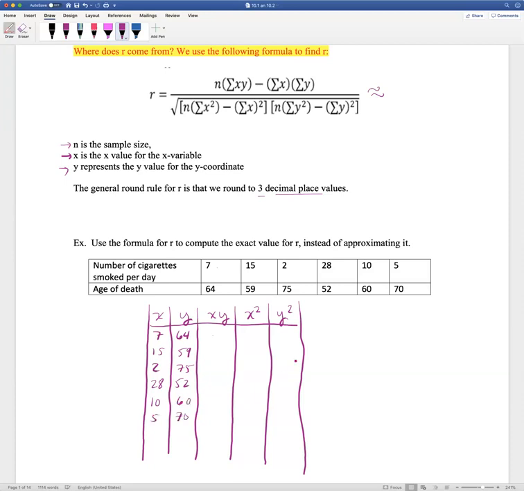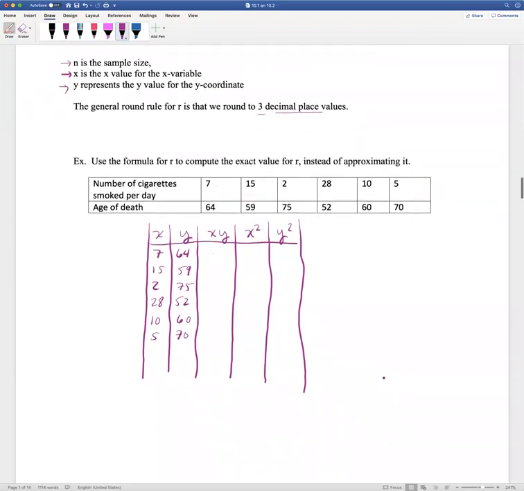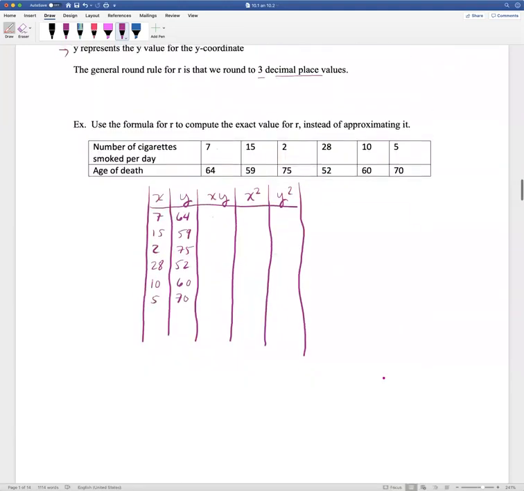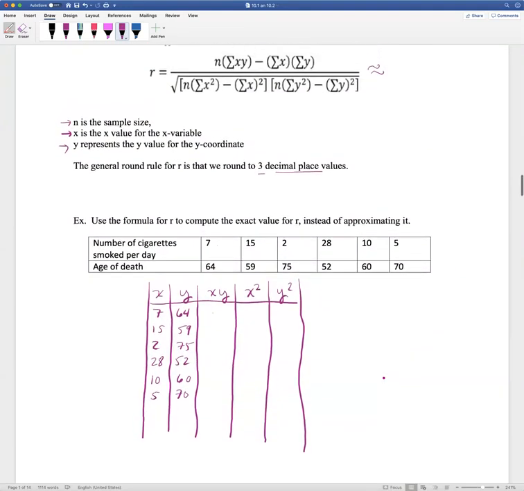Again, make sure you pair them next to each other. For now, I just want to make sure you're comfortable with the column method. This third column says XY, so you multiply the X and Y values of your coordinates together. 7 times 64 gives us 448.